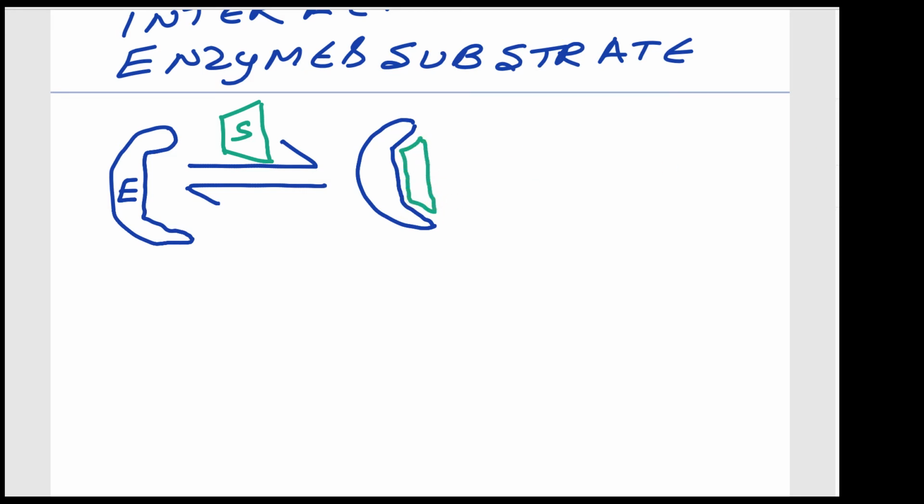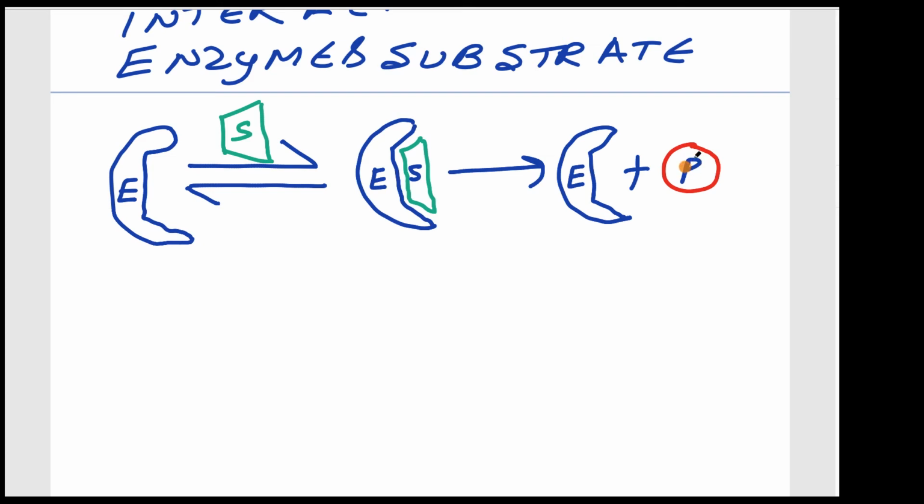Then finally there is formation of the product. So what we have here is enzyme and product.